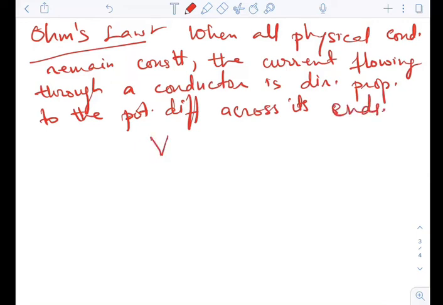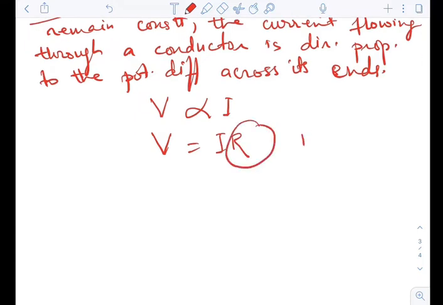Or we can say V is proportional to I, where V is potential difference and I is current. If I remove this proportional symbol, I am left with a constant: V is equal to IR, where R is resistance.